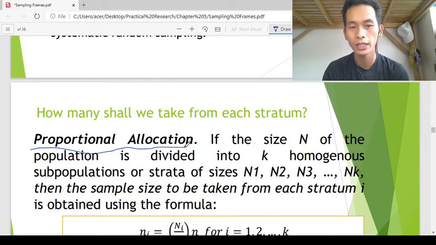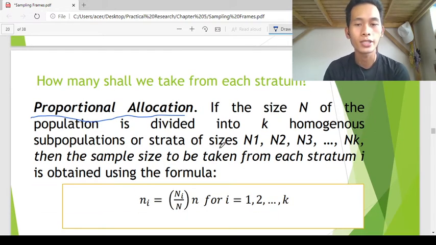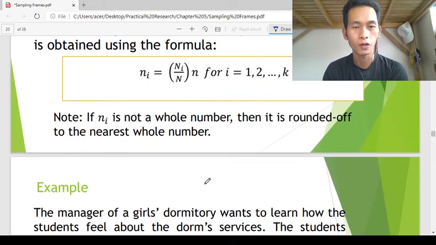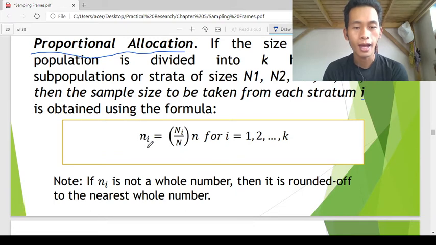Sample sizes for proportional allocation. This is if the size n of the population is divided into k homogeneous populations or strata of sizes N1, N2, N3 until Nk, then the sample size to be taken from each stratum i is obtained using the formula where n sub i is equal to capital N sub i divided by N, or the population, times the sample size n, where i is equal to 1, 2 until k.